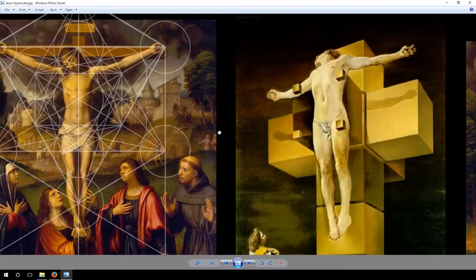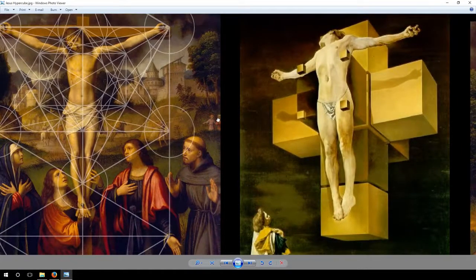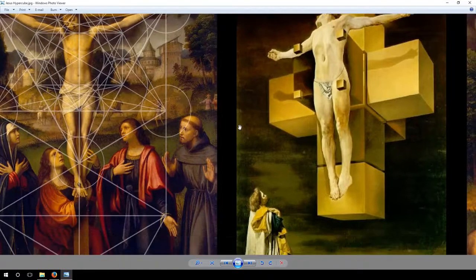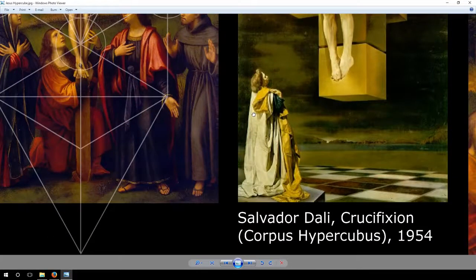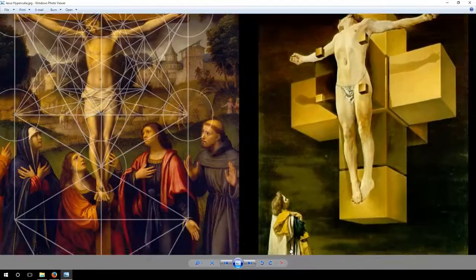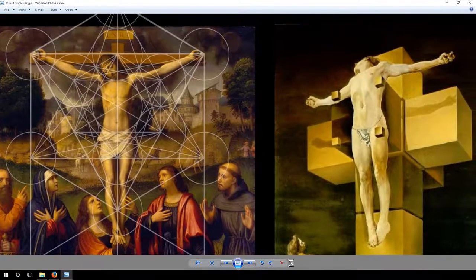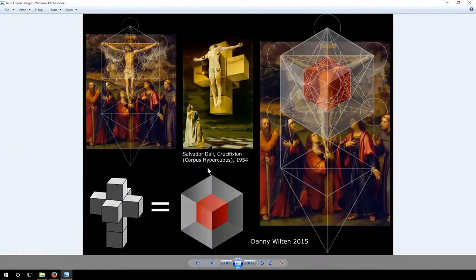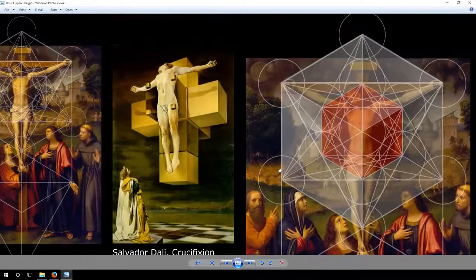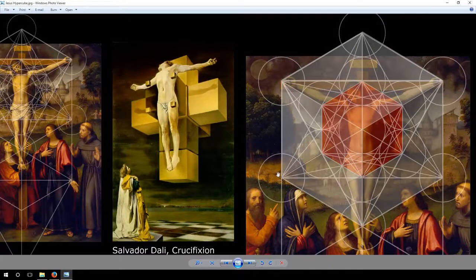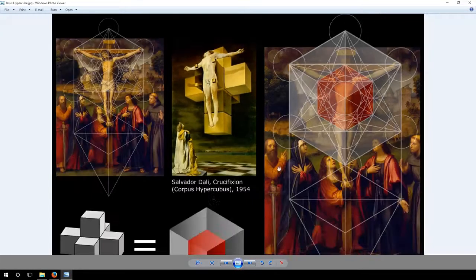You're probably familiar with Salvador Dali's Crucifixion Corpus Hypercubus in 1954. So I was like, aha, so that means that Metatron's cube has the hypercube. And there it is right there.